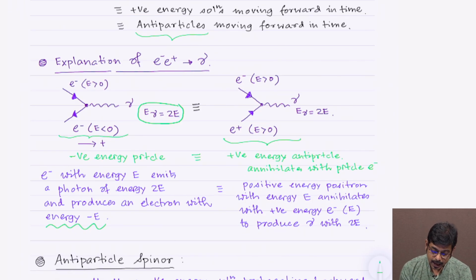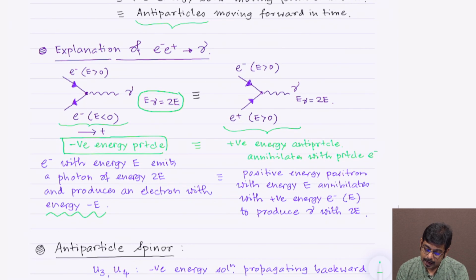This is the case where you see a negative energy electron being produced in this experiment. Now, you can say that this is equivalent to saying that you have a positive energy antiparticle which is annihilating with the particle electron.